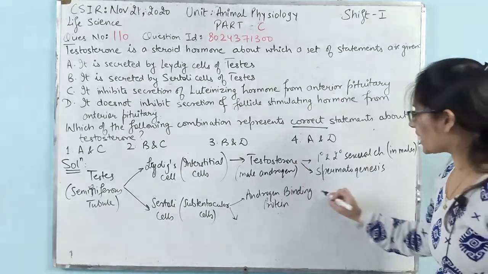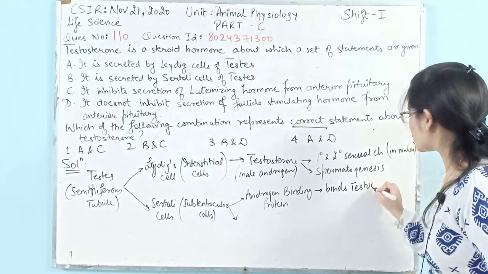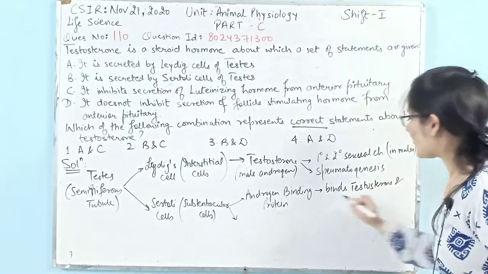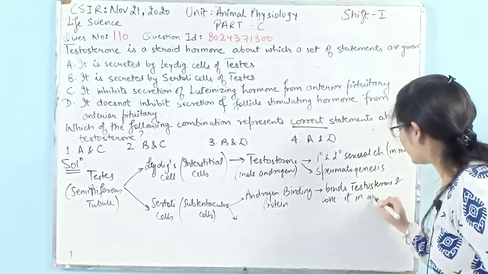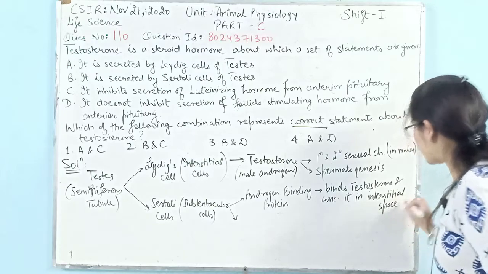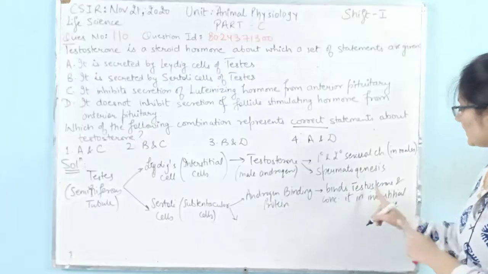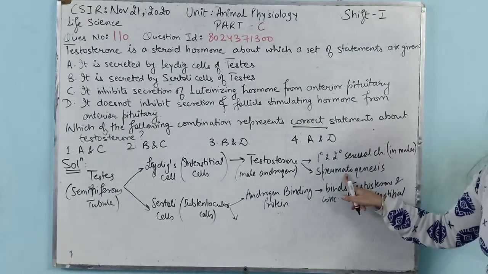So this is the one which binds testosterone and concentrates it in interstitial space, right? So that testosterone is available for the process of spermatogenesis.